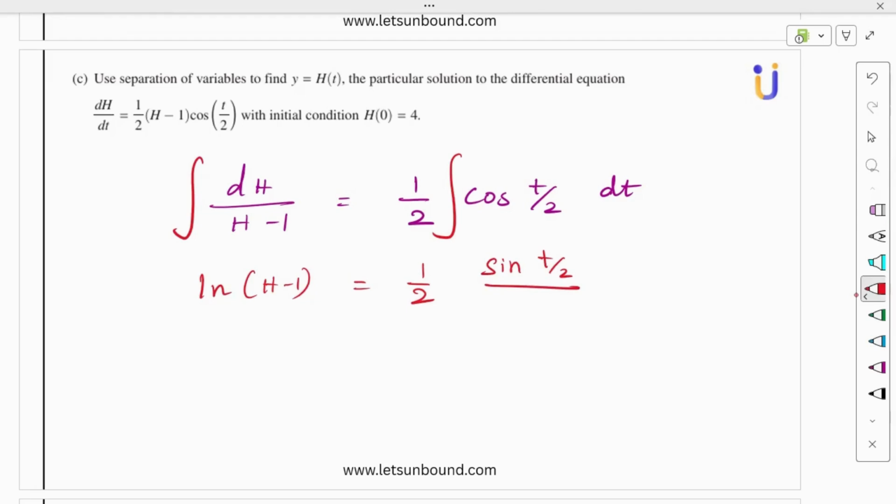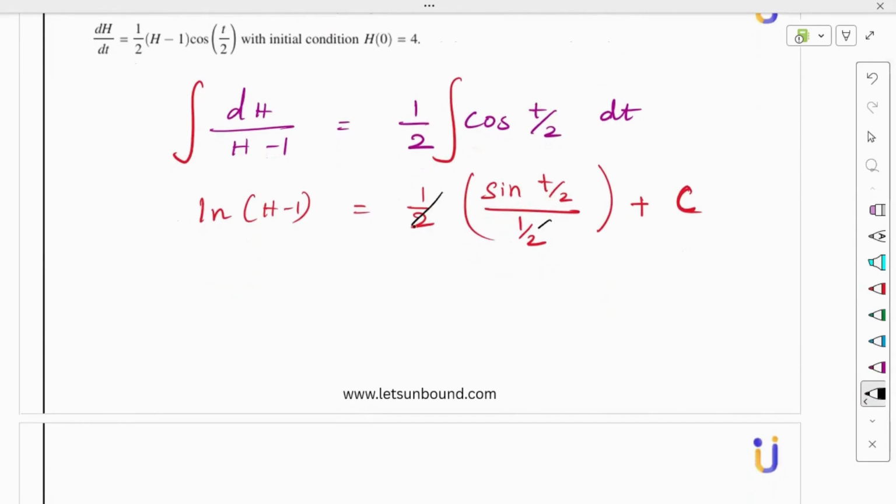When you differentiate t by 2, it's 1 by 2, that is in the denominator, plus the constant of integration. For both left and right, I'll make one constant here. Now let's simplify. 1 by 2 will get cancelled. Ln of h minus 1 is equal to sine t by 2 plus c.